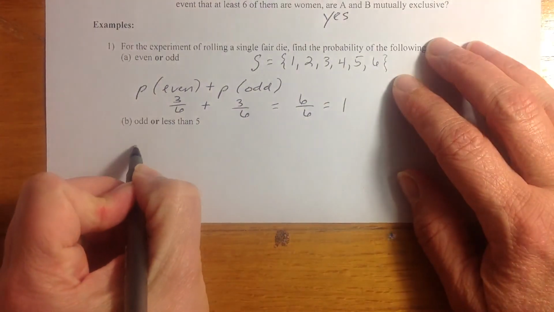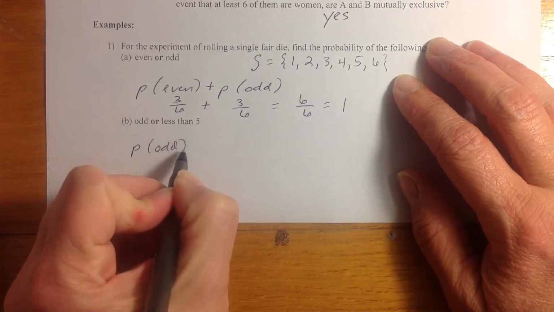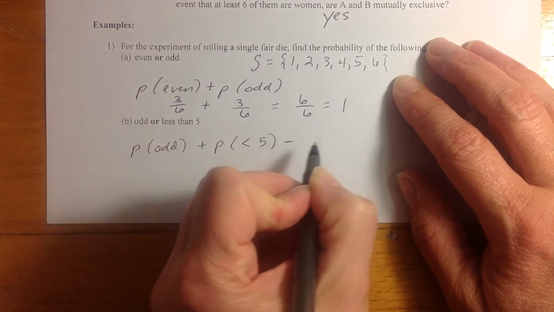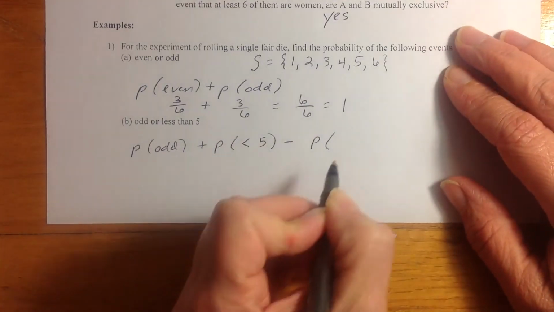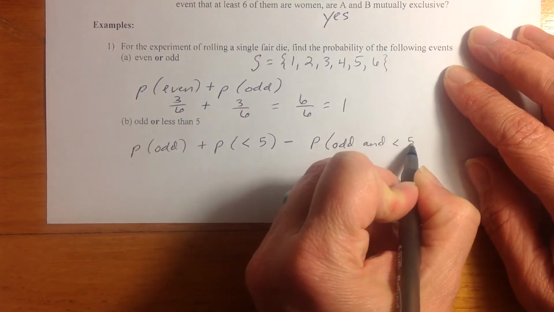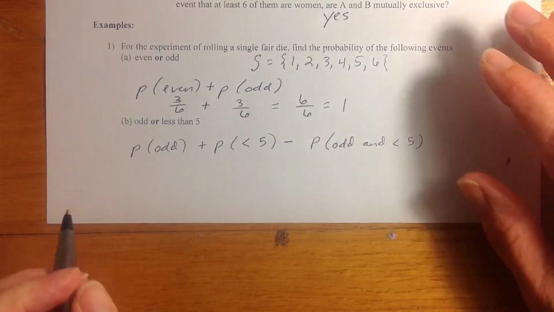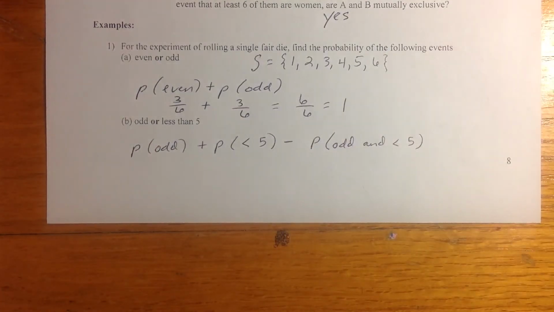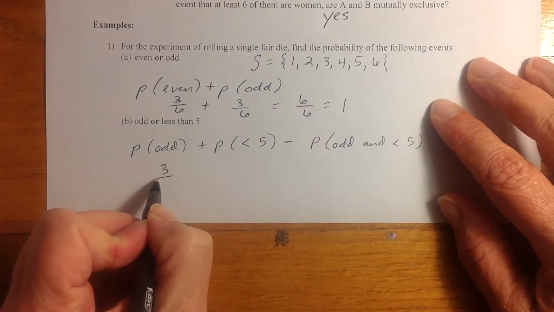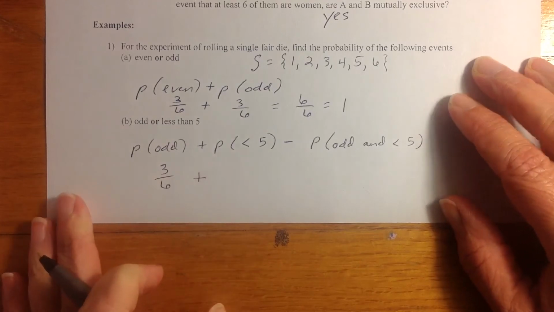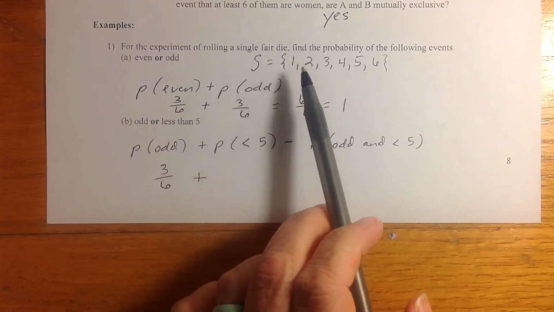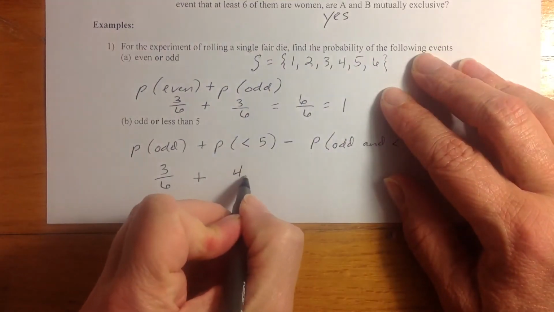So this time we have to figure out the probability of odd plus the probability that the number's less than 5 minus the probability that you're both odd and less than 5. So let's do odd. Odd is simply how many odd numbers are in my sample space? 3. So my probability is 3 sixths. Plus, how many numbers in my sample space are less than 5? Well, I see 4. So I'm going to say 4 sixths.